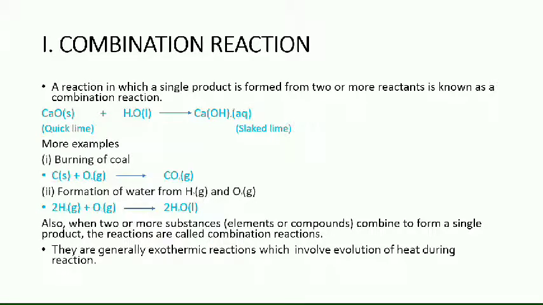Whenever two molecules of hydrogen react with a single molecule of oxygen, it forms water molecules. So the definition of a combination reaction is that when two or more substances combine to form a single product, the reaction is called a combination reaction.